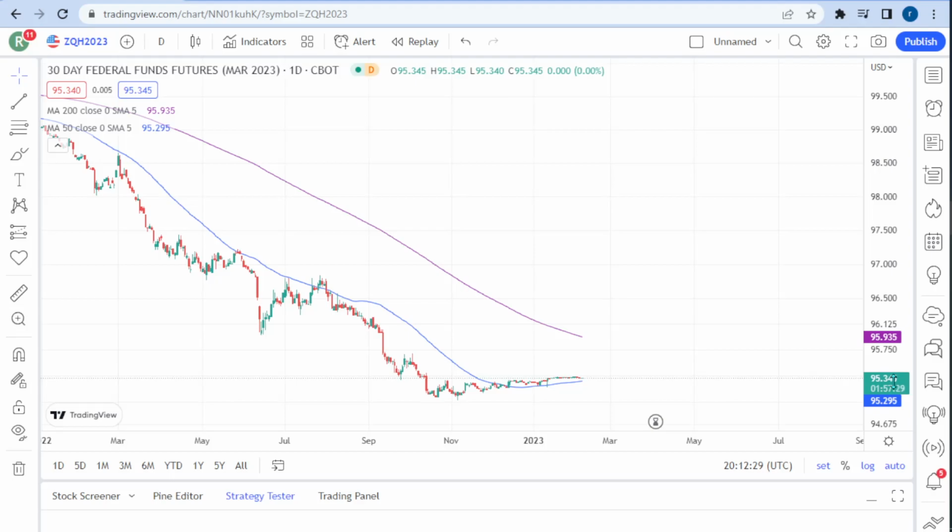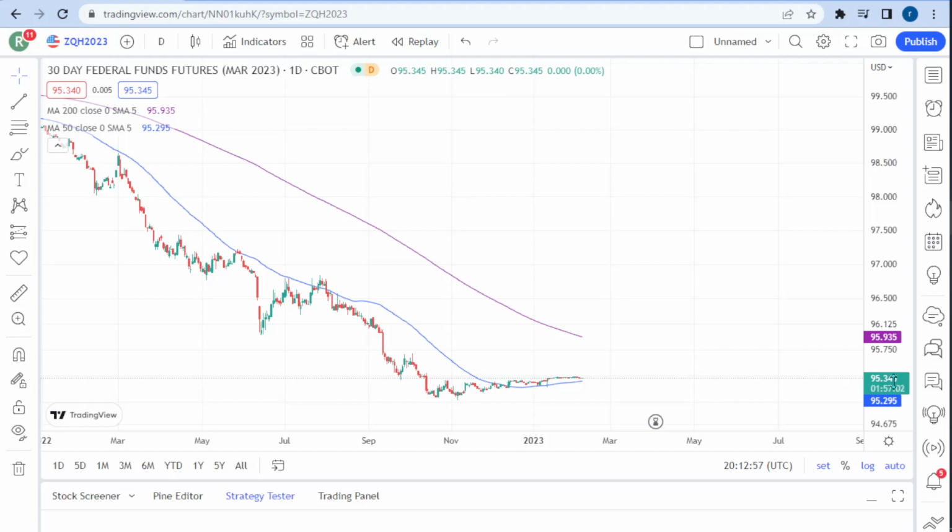That's essentially what it's looking at. But you have to remember that the Fed funds rate is almost like a target. It's not necessarily this or that. They say, hey, right now the Fed's funds rate is 4.5 to 4.75 or 4.75 to 5. So it's always this target range. Right now we're actually sitting at 4.5 to 4.75.